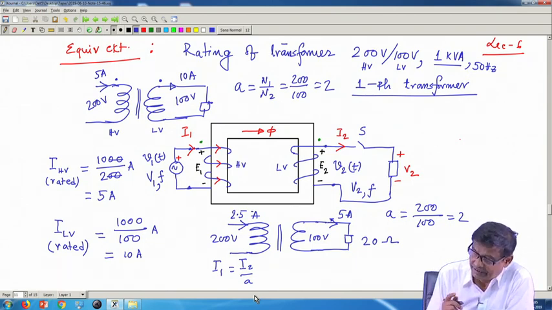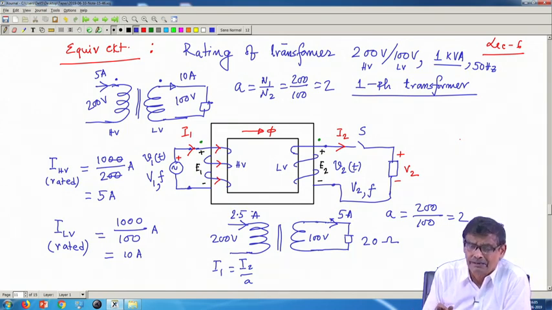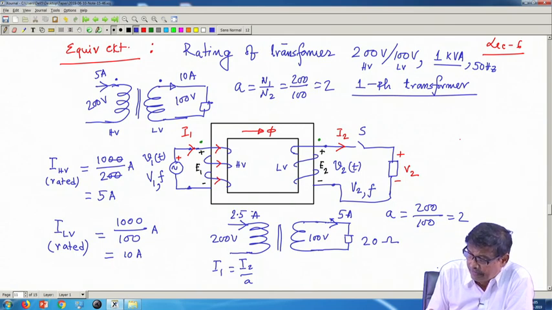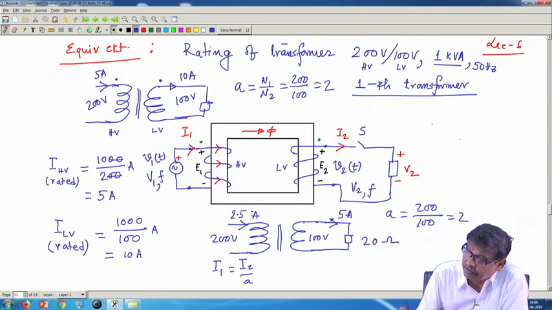Another interesting thing comes out: whatever impedance you have connected, you only have to see that the secondary impedance you have connected does not make the current in the LV side greater than the rated current. That should be your only concern. But the moment this current is known, this current is fixed. What will be the equivalent circuit of the transformer?